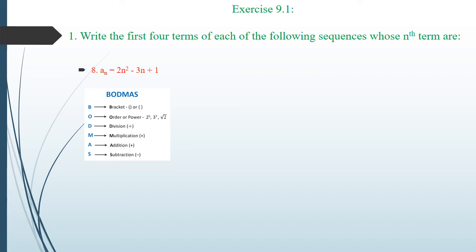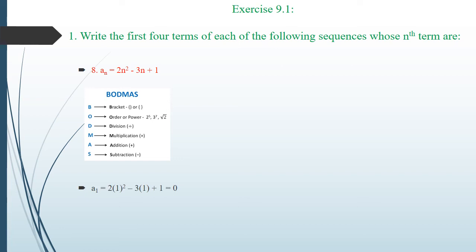O stands for order, means if there is any order that has to be solved first, then division operation has to be done, then multiplication, then addition, then subtraction. So while solving problem number 8, we have come across these terms, that is order is there, minus is there, plus is there. Let us see how we are going to solve it.